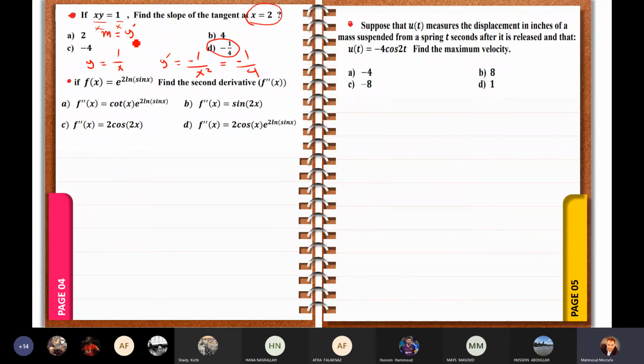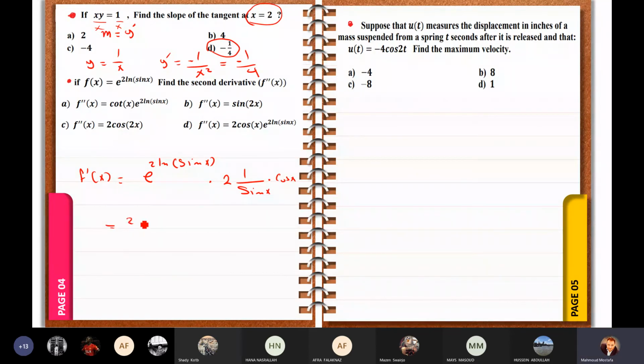If f of x equals e power 2 ln sine x, find the second derivative. First derivative, f prime of x will be e power 2 ln sine x multiplied by the derivative of 2 ln sine x, which is 2 times 1 over sine x multiplied by the derivative of sine, which is cosine.